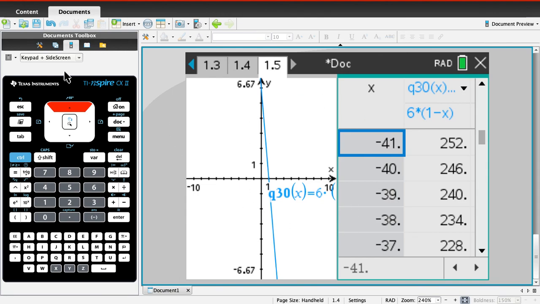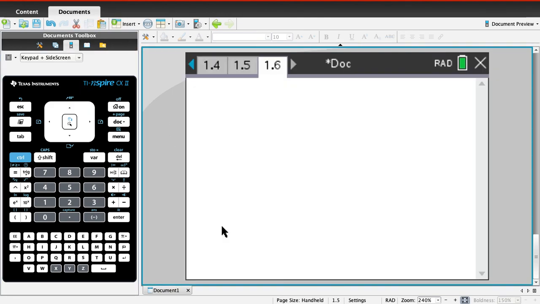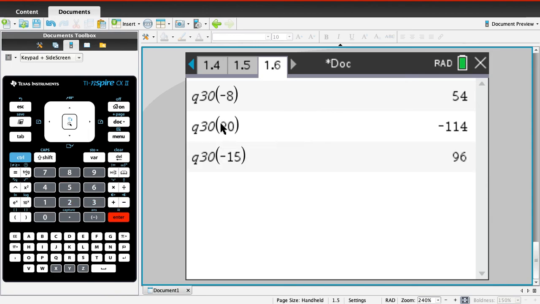We don't want to have to wait that long, go through all this scrolling. So now that I've graphed it, I can head on over to my home screen and call it up. So I'm going to say Q30 of -8, Q30 of 20, Q30 of -15, Q30 of 0.